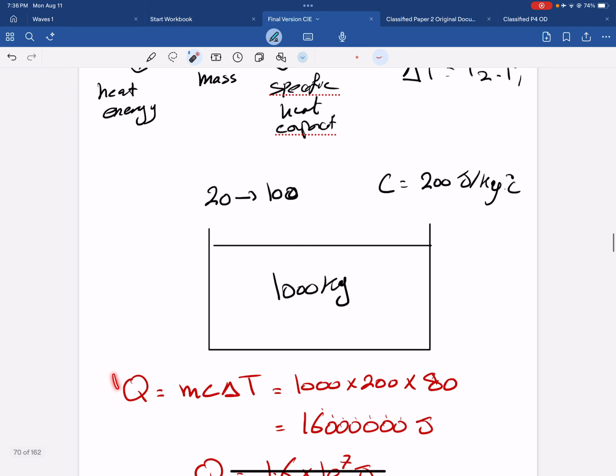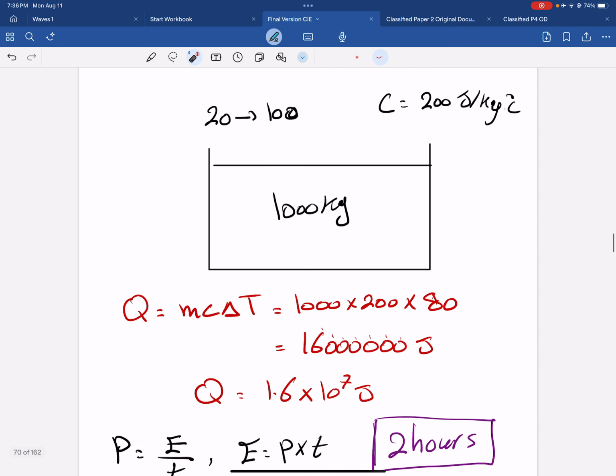If we apply this law, Q equals mc delta T, we know the mass is 1000, the c is 200, and the change in temperature is 80. So you get a thermal energy of one big number. Usually you convert it to standard form, so that would be 1.6 times 10 to the power 7 joules. That's the thermal energy required.